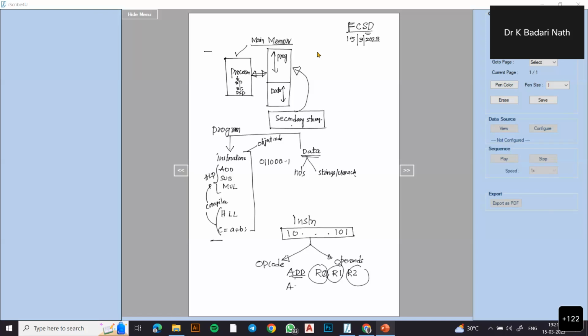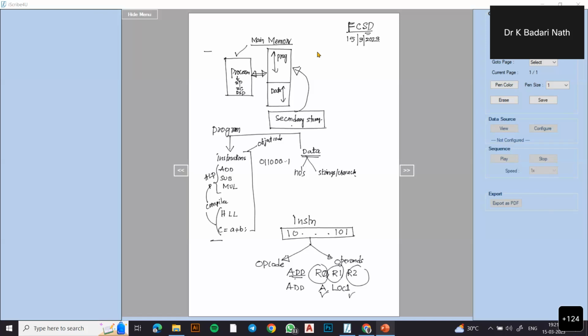I can also say add A, location 1. That means add the memory value present in the location called A to the value in the memory, add them and store the answer in location 1. Here both are memory locations, whereas in the earlier one both are registers.